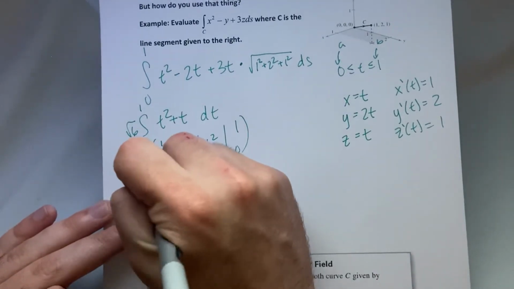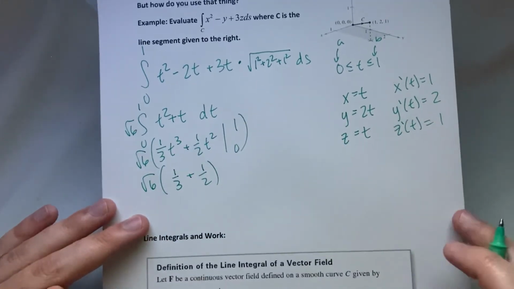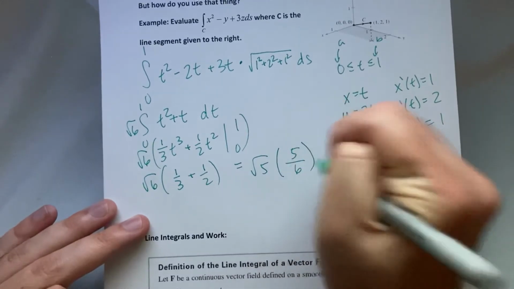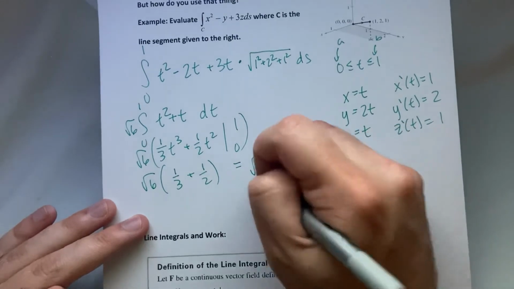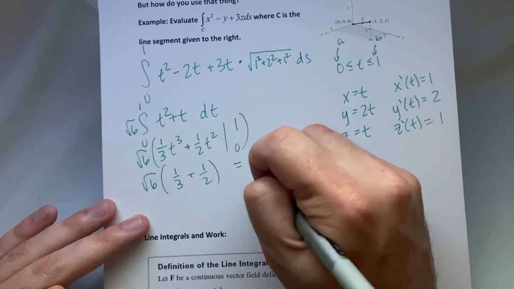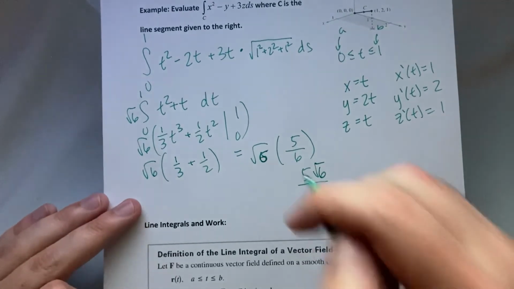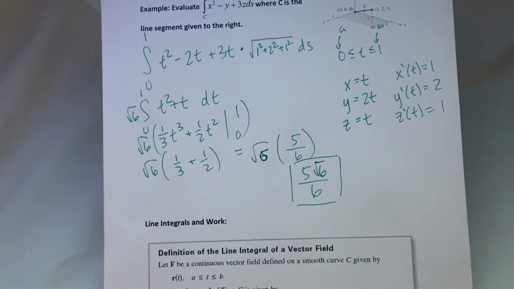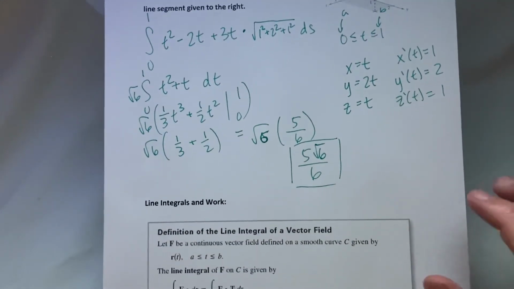So that's the square root of 6 times 1/3 plus 1/2, which is the square root of 6 times, I think, 5/6. So it's 5 root 6 over 6. So this is the integral of that function over that line, this line integral.